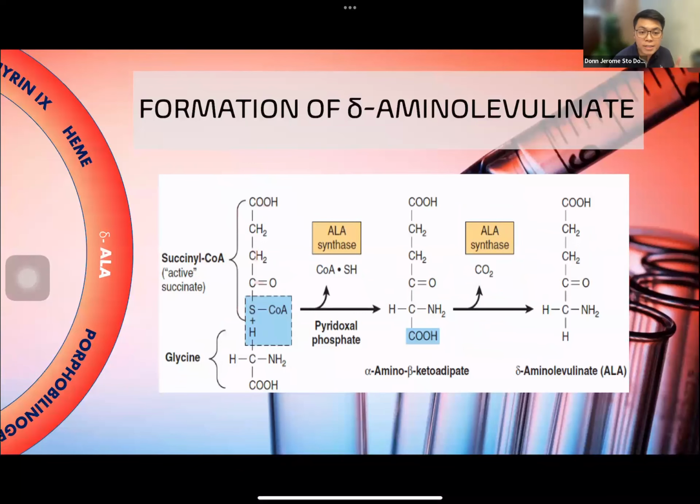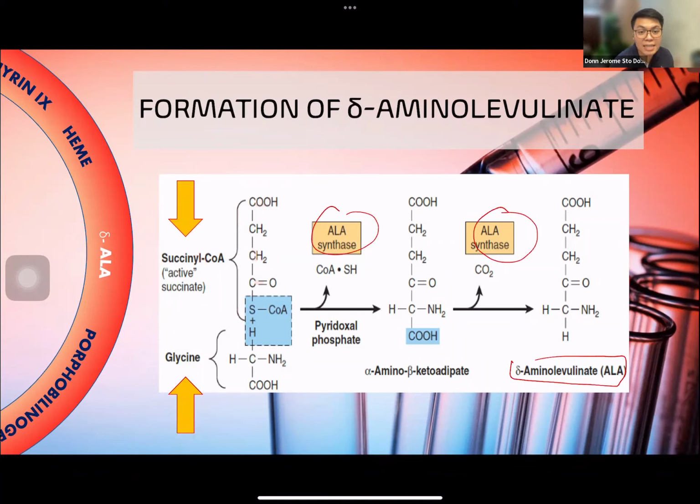So let's start with the first step of your heme synthetic pathway, formation of delta aminolevulinic acid or D-ALA. So this step happens in the mitochondria. Di ba sabi natin kanina? This is through the condensation of succinyl-CoA, an intermediate in your Krebs cycle, and glycine, through the enzyme ALA synthase to form your D-ALA or delta aminolevulinic acid.